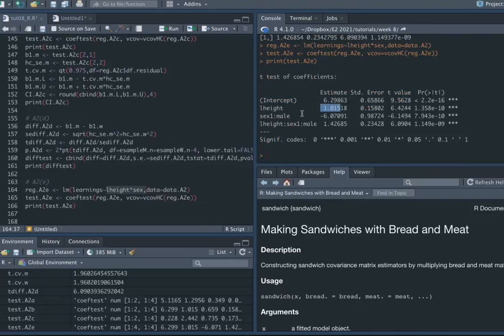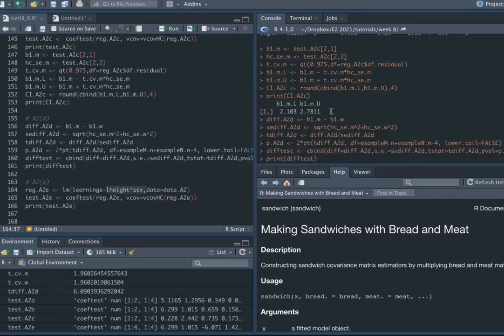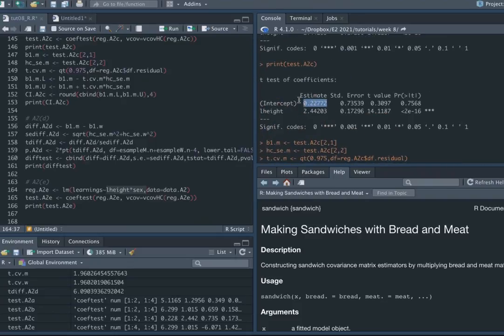And when sex is equal to 1, then we have the same 2 variables, plus these terms on top. So the intercept now is this plus this. And if you take this difference, 629 minus 6.07, you get exactly this number here.